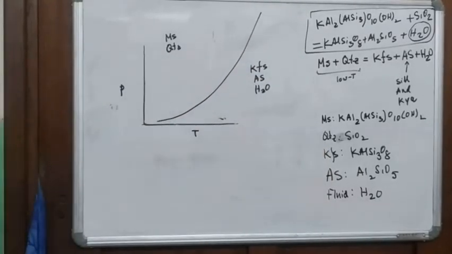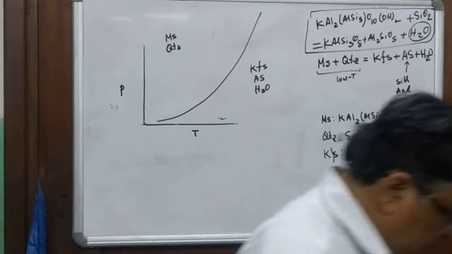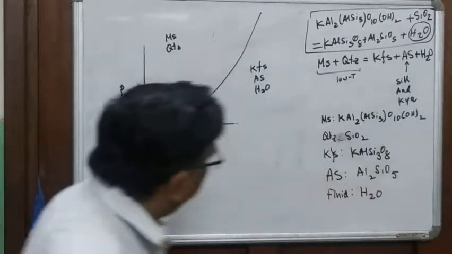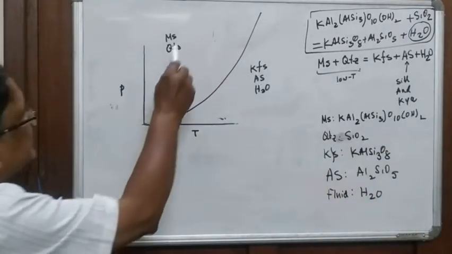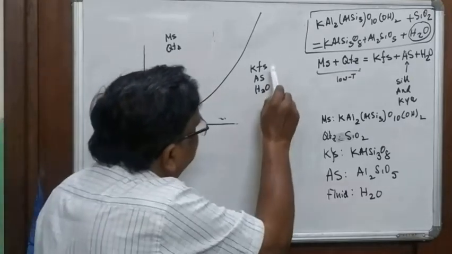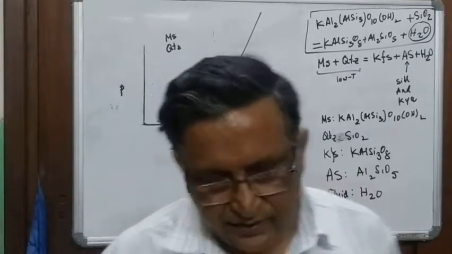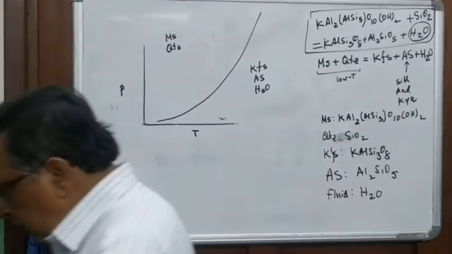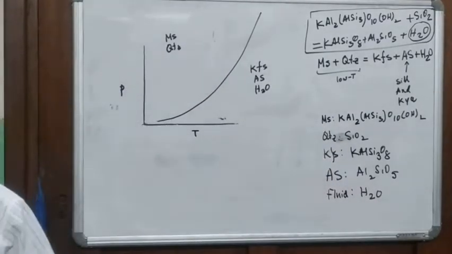Now, all these phases, muscovite, quartz, K-feldspar, aluminosilicate, are pure phases.